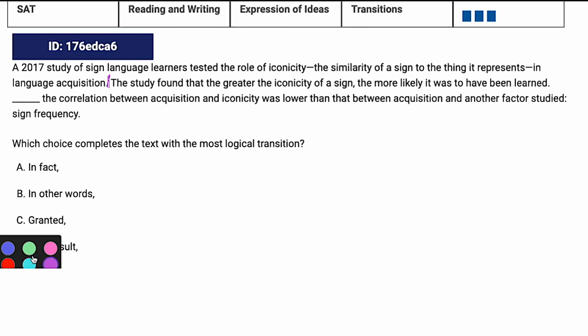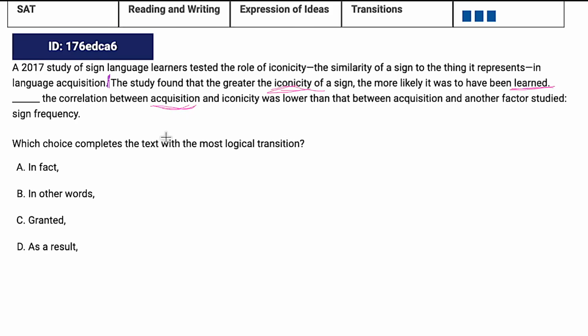Okay, let's say for the sake of argument, I don't know what iconicity means. Maybe I can infer that it has something to do with it being iconic, but we don't care, right? Because we could still see that it's saying there's a study showing that this factor iconicity helps with learning something. But then in the next sentence, it says that the correlation between acquisition, now I would have to know that acquisition is synonymous with learning.